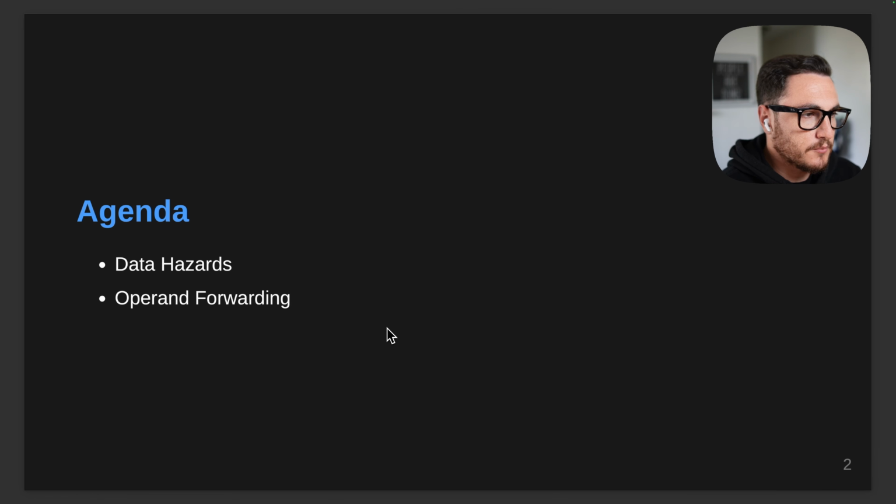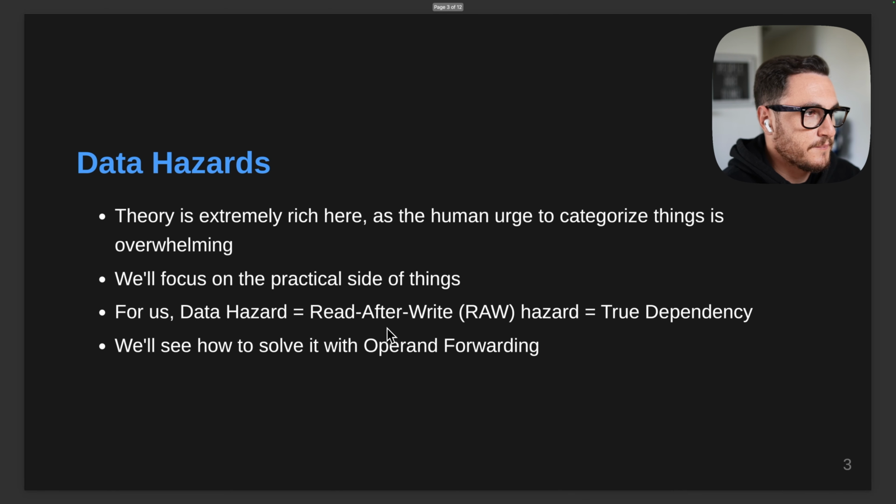Today we're going to talk about two very important things, important both on a performance level but also from a functionality perspective. Those things are called data hazards and operand forwarding, which is the fix to data hazards. The theory on data hazards is extremely rich, as we try to categorize everything.